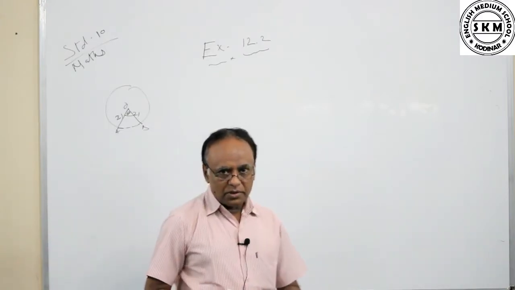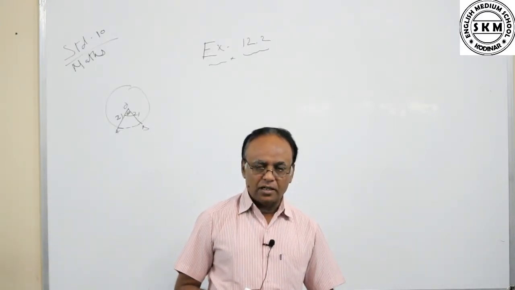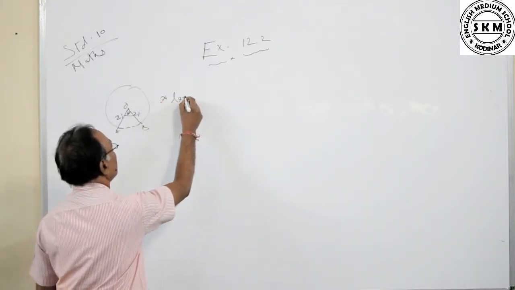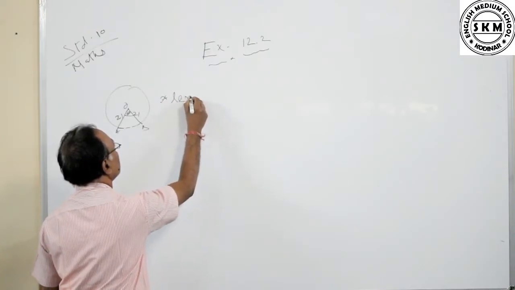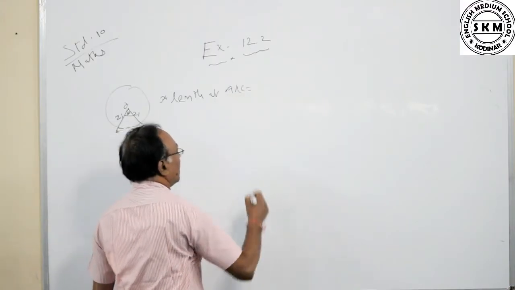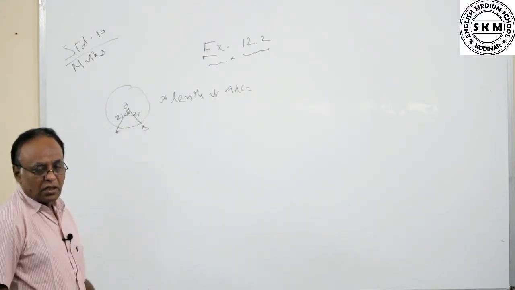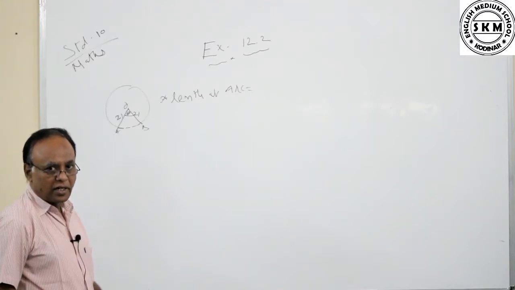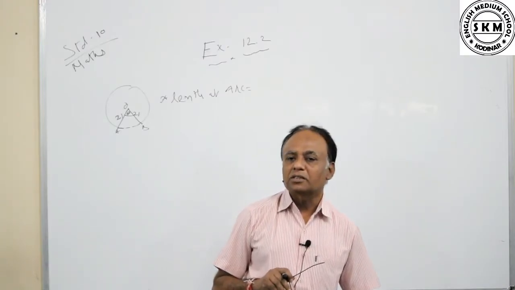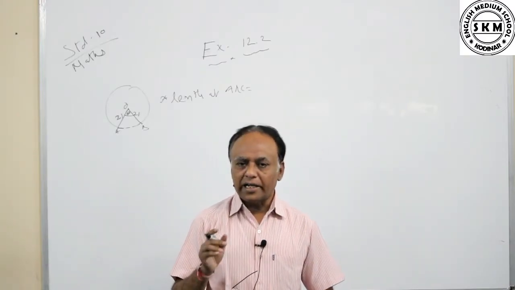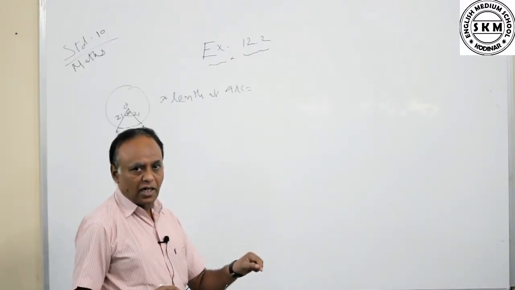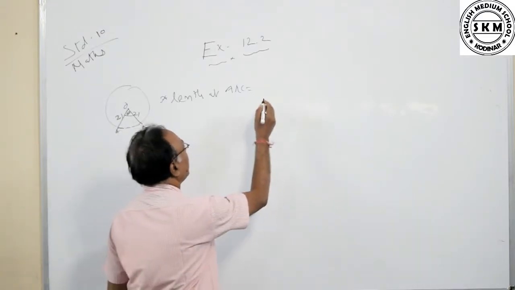Now first we find the length of the minor arc. Already I have discussed the formula: pi r theta upon 180. So many students make the mistake of applying the sector formula. Don't apply that; arc and sector are different. So it is pi r theta upon 180.